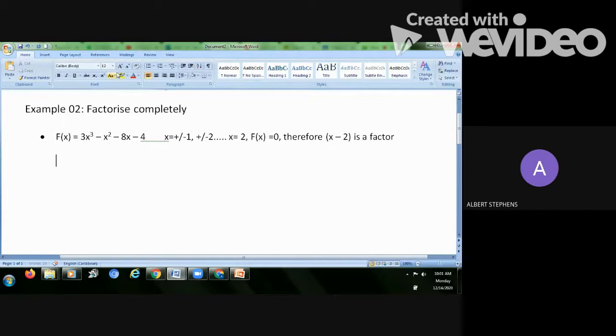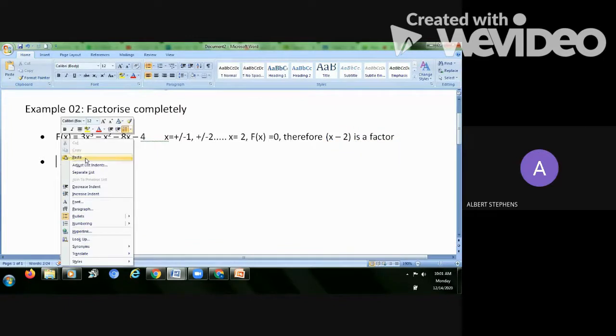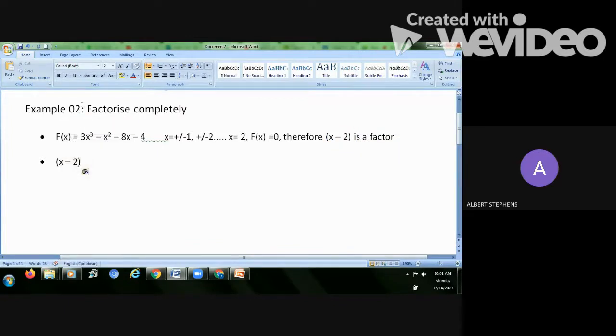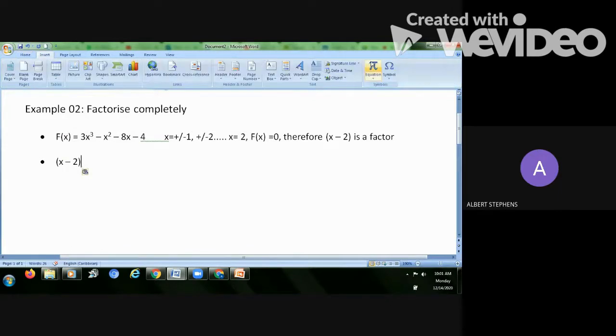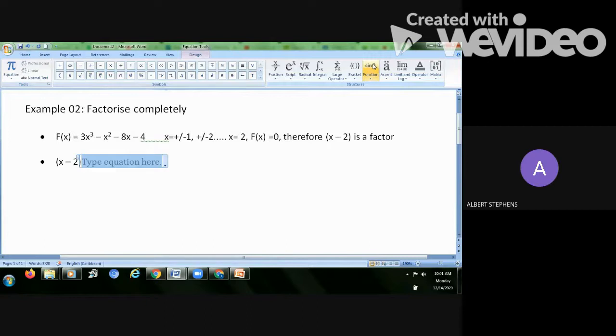All right, so here we're going to step 2 now. What you're going to do now is multiply the factor by the quadratic, the quadratic thing. Let me see if I can find it.